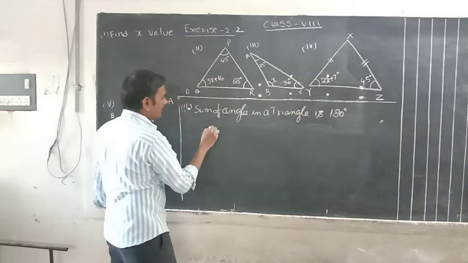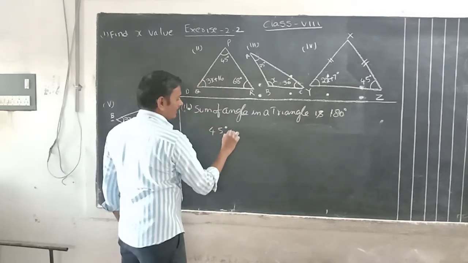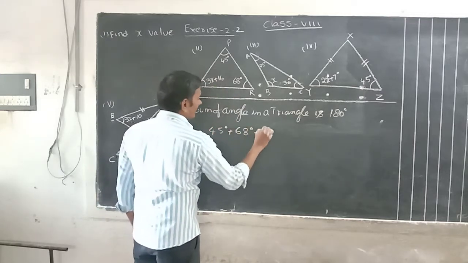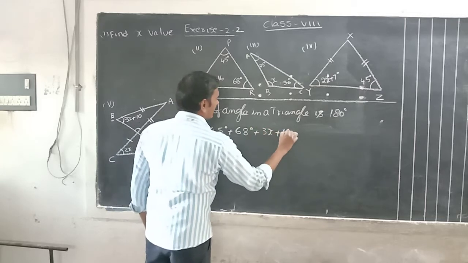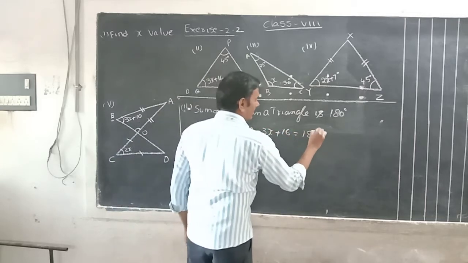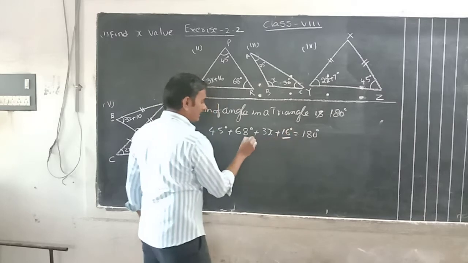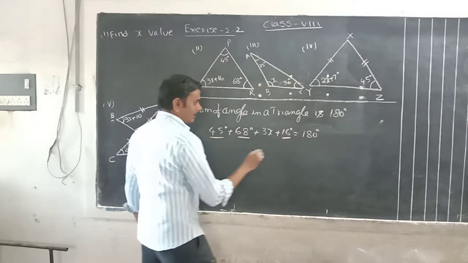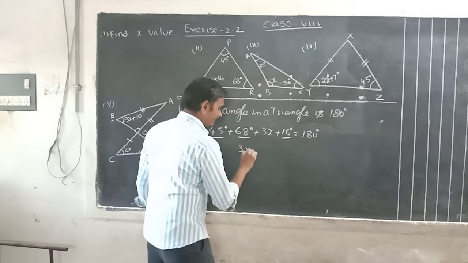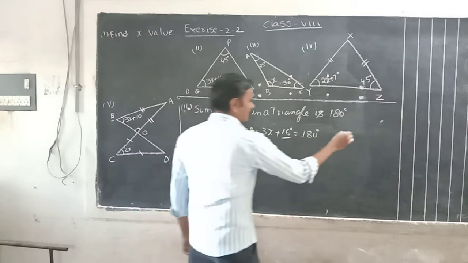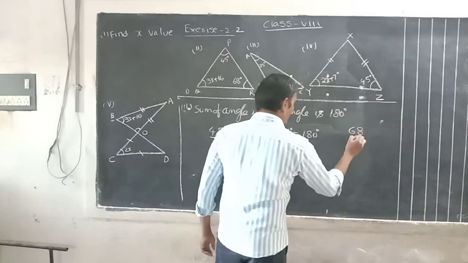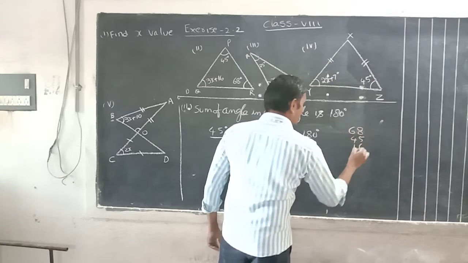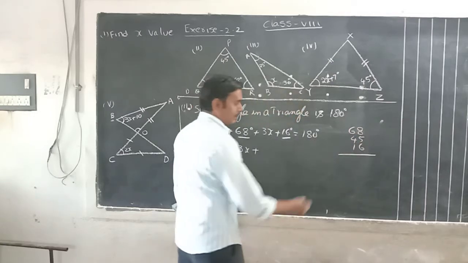By adding these, 45 plus 68 plus 3x plus 16 equal to 180. Now we add 68, 45, and 16. By adding these, what can we get?